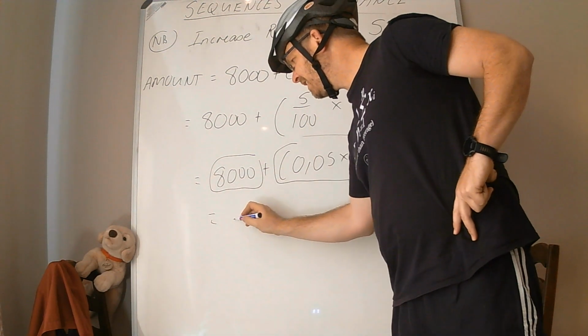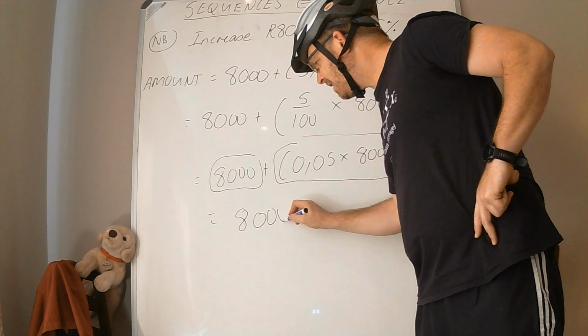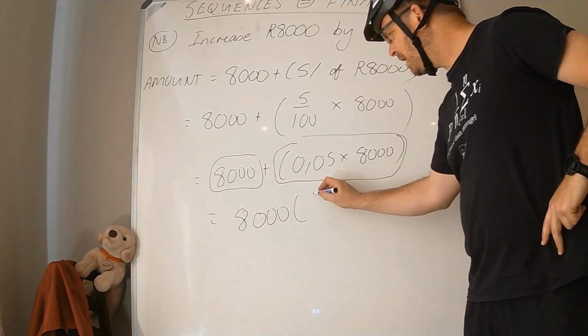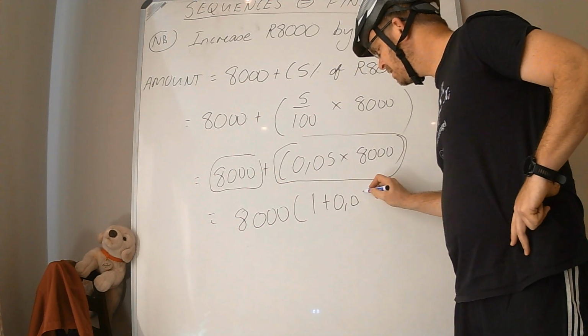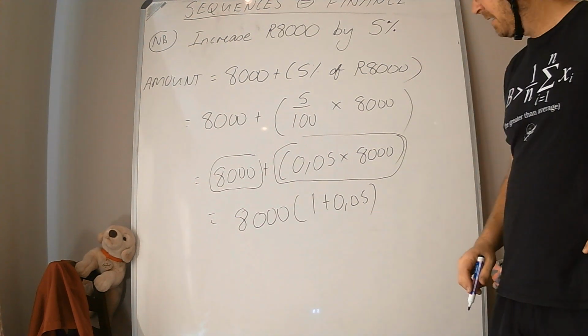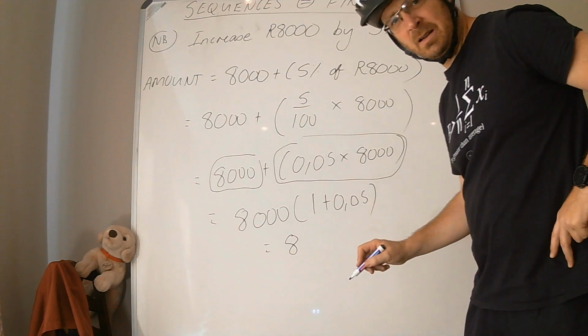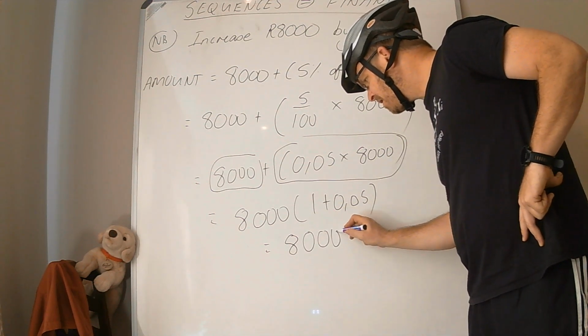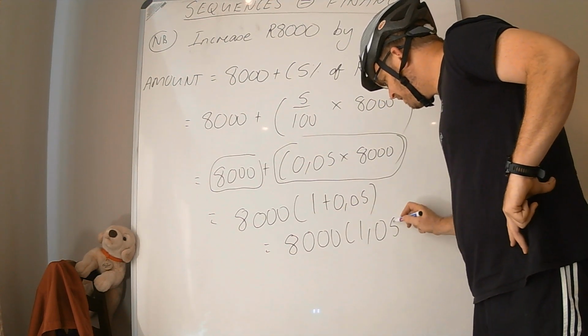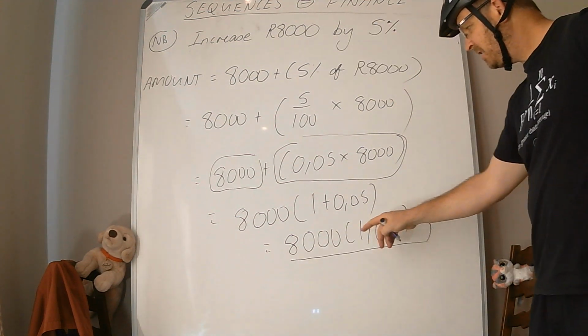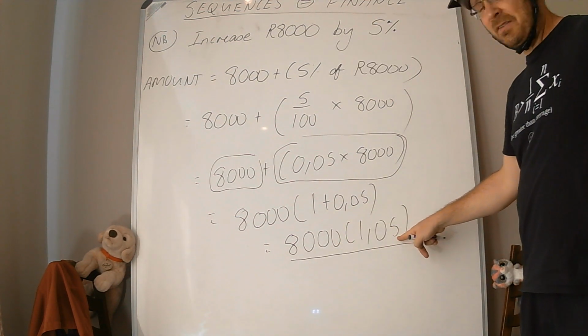Good, it's 8,000. So you'll have 8,000, and to get back to the other term, it'll be 1 plus 0.05. In other words, if you have 8,000 times 1.05, what you've done is increase 8,000 by 5%.